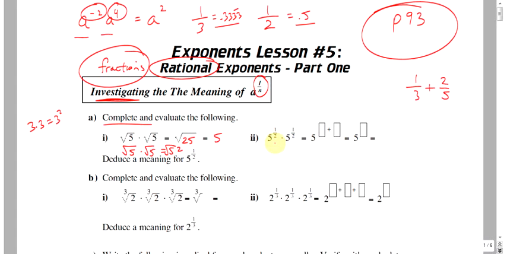Let's look at this one. 5 to the 1/2 power times 5 to the 1/2 power. Do we know a rule to do this? Yep. Am I multiplying with the same base? What do I do with my exponents? Yeah. What's a half and a half? If you eat half a pumpkin pie, oh, that's coming up next month.